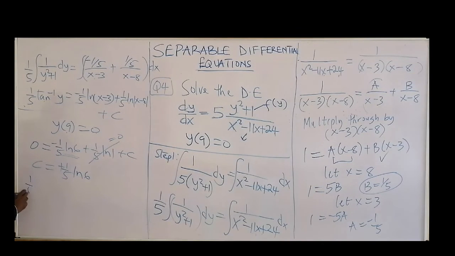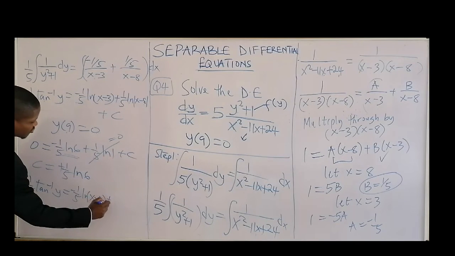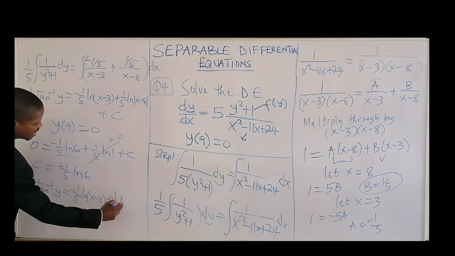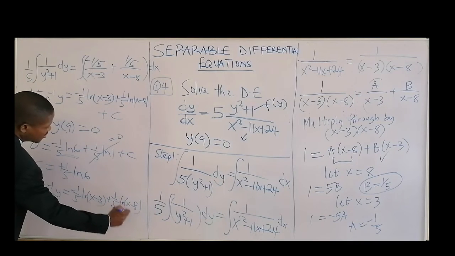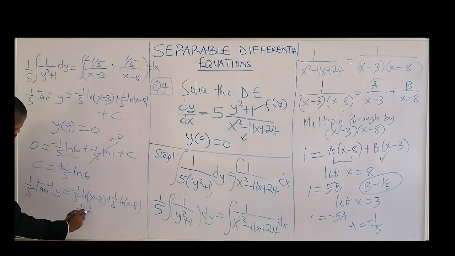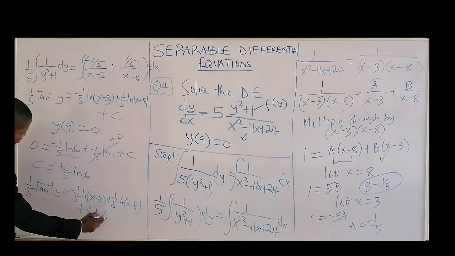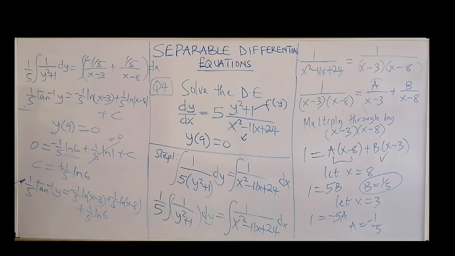So we have 1 over 5 arctan y equal to minus 1 over 5 ln of x minus 3 plus 1 over 5 ln of x minus 8, then plus 1 over 5 ln 6. So 1 over 5 is there throughout.